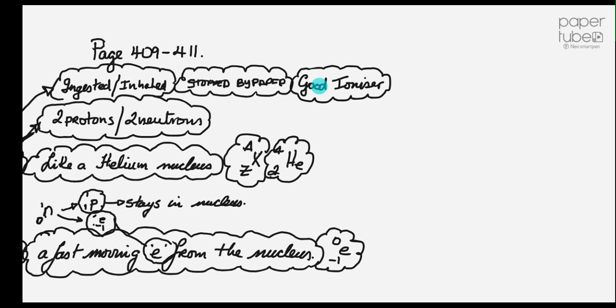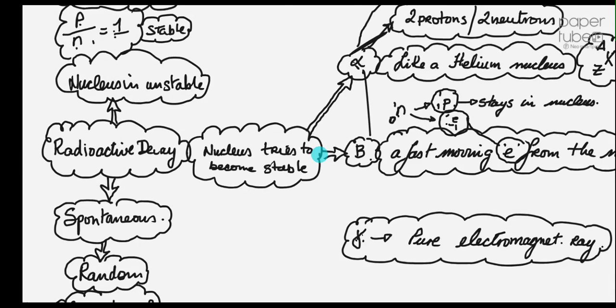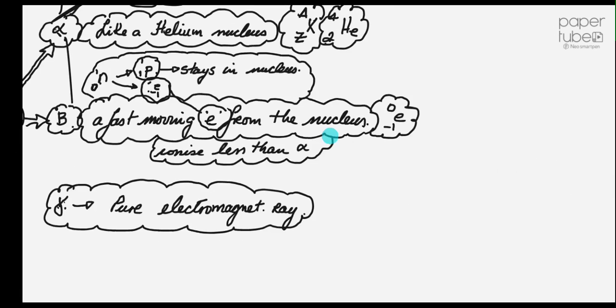So then we'll go on and have a look at the beta particles. We're talking about the beta particles being fast moving electrons. And these fast moving electrons can also interact with human beings. They ionize less than alpha, but they still ionize, and they still can pass through your skin.